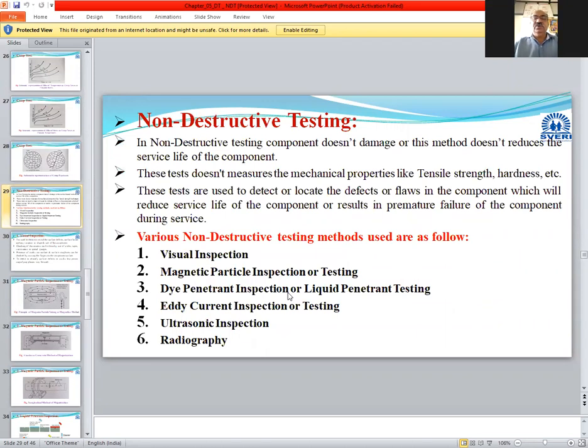Okay, so up till now about destructive testing, does anybody have any problems related to this? Destructive testing, which type of testing have we studied under destructive?